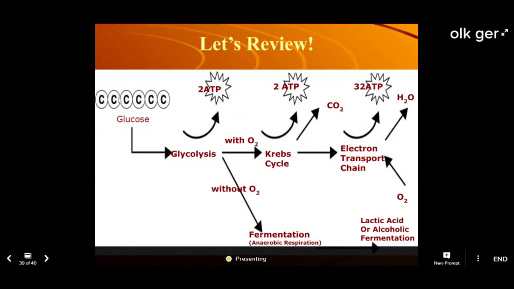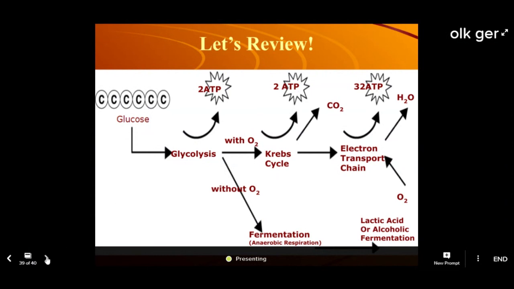So let's review here. When we have aerobic respiration, glycolysis, then in comes oxygen, so you would go to the Krebs cycle and the electron transport chain. However, if we don't have oxygen, after glycolysis, fermentation occurs. And depending on which organisms are doing this, it's either lactic acid or alcoholic fermentation.